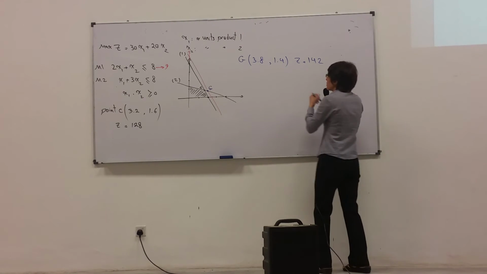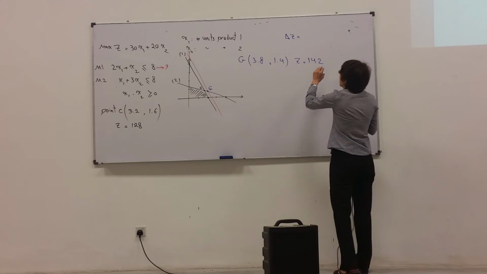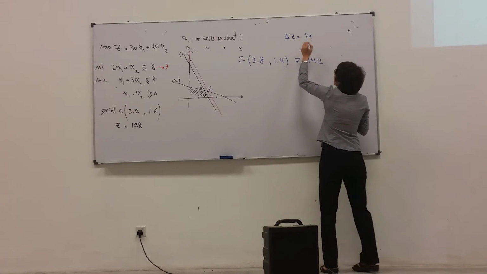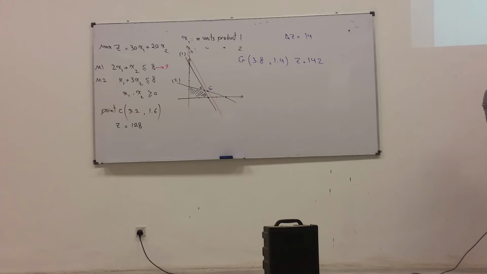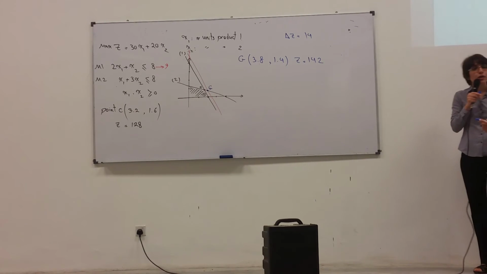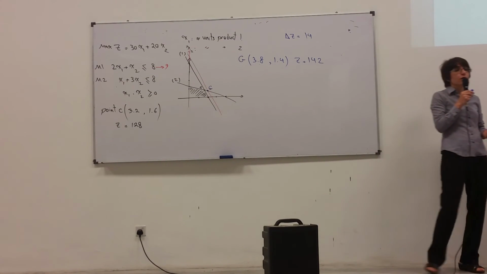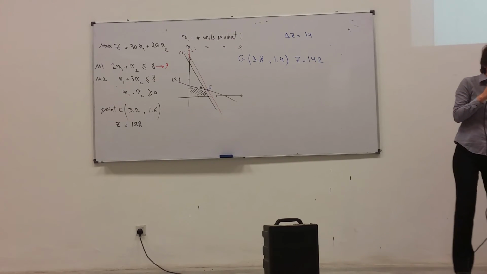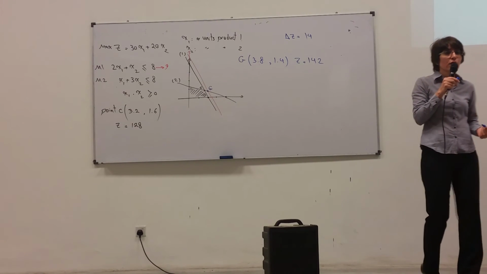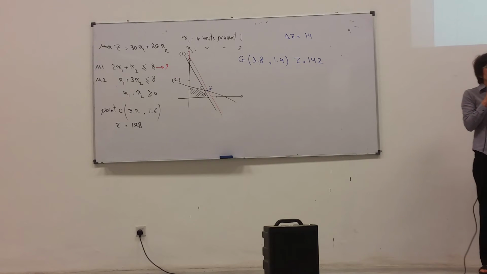The difference is 14 units, $14. The difference in the profit, the revenue, is $14: the new value of Z minus the old value. So how can I find out these values? We call this 14, the delta Z, the dual price.